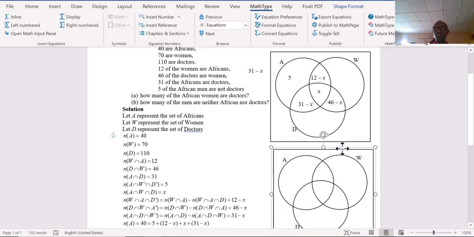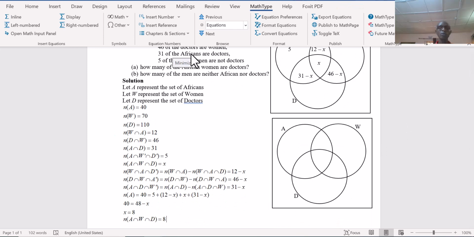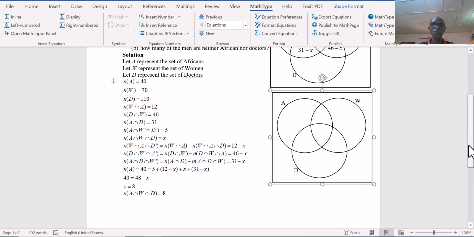It's the same data. I'm not changing anything there. Okay, so I'm continuing from where I stopped. Now we have been able to get that the number of people who are Africans, they are women, and they are doctors are 8. So we've done that. My battery went low, so I had to go and power it before we continue. So now let's continue from where we stopped.